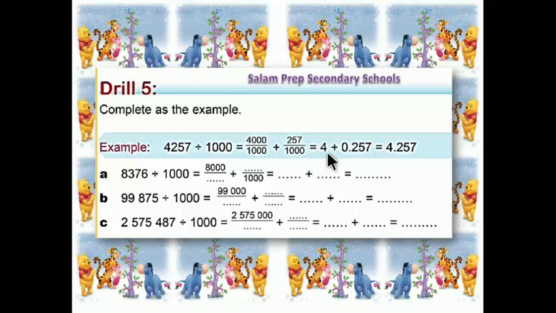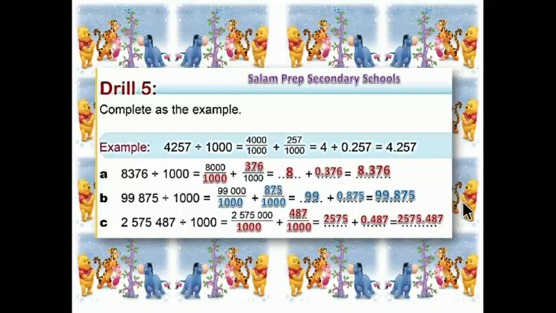Now 4 plus 0.257 equal 4.257. Now you can solve these problems as we done in our example.